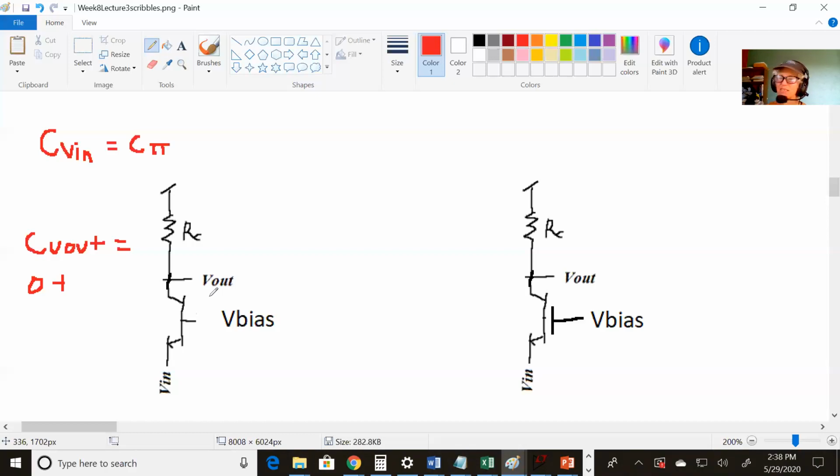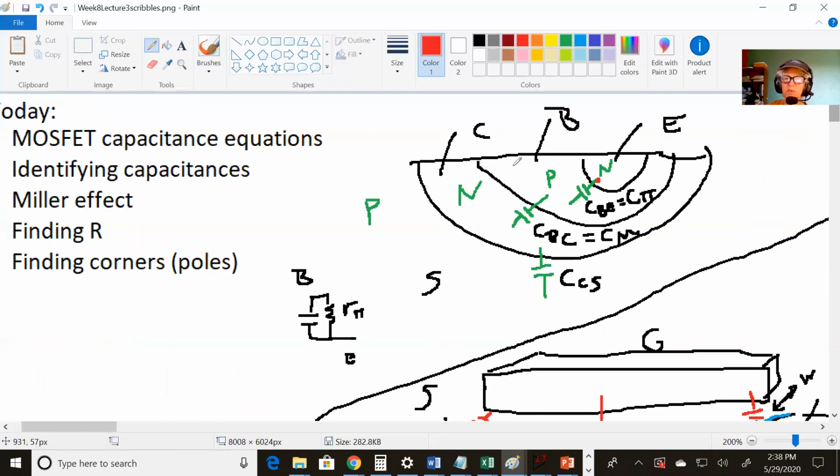The collector. Okay. So once you identify the terminal, go back up to this picture and look at the collector. What capacitances are directly connected to the collector?